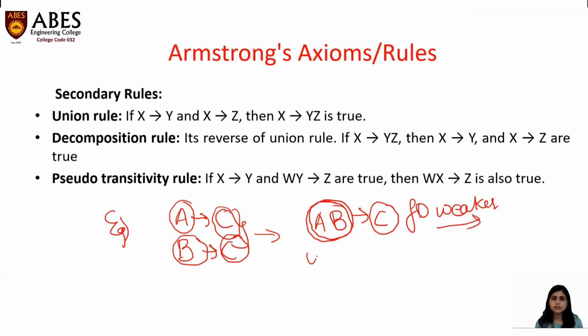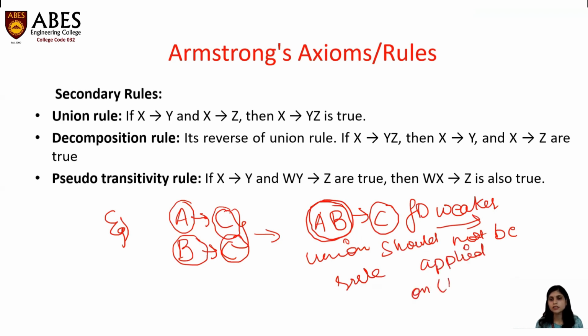That's why union should not be applied. The union rule should not be applied on the left hand side of the functional dependency or the production. I hope it's clear.